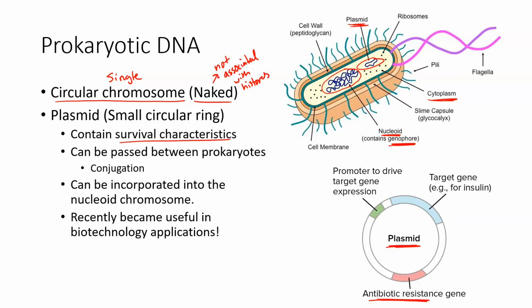It's just much smaller and kind of a secondary bit of information that contains survival characteristics like antibiotic resistance, and that particular plasmid or that particular ring of DNA can actually be passed between prokaryotes. So from prokaryotic cell 1 to prokaryotic cell 2, it is passed through a conjugation pilus in a process called bacterial conjugation, which is kind of analogous to sexual reproduction in a prokaryotic application.